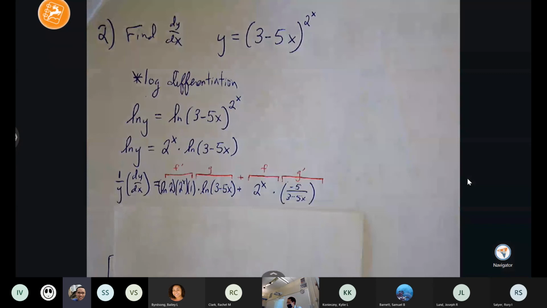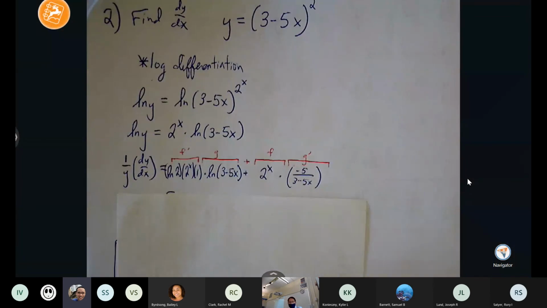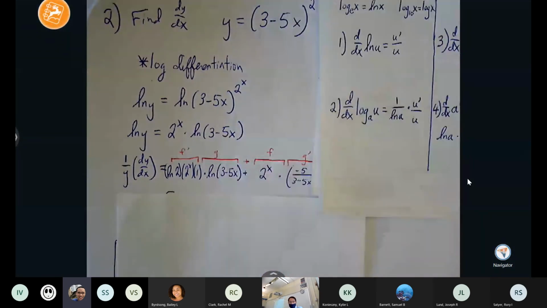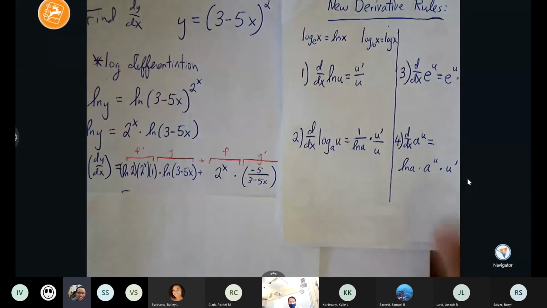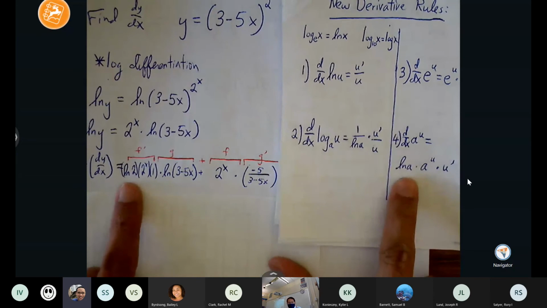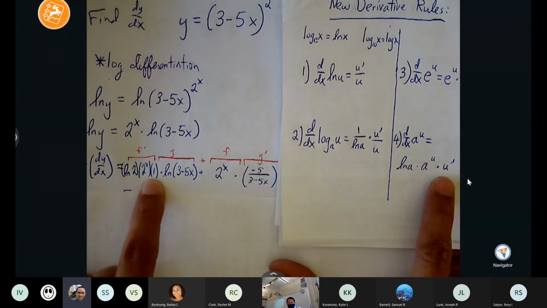Okay. So a to the u, 2 to the x becomes natural log of 2 times 2 to the x times x's derivative, which is 1.